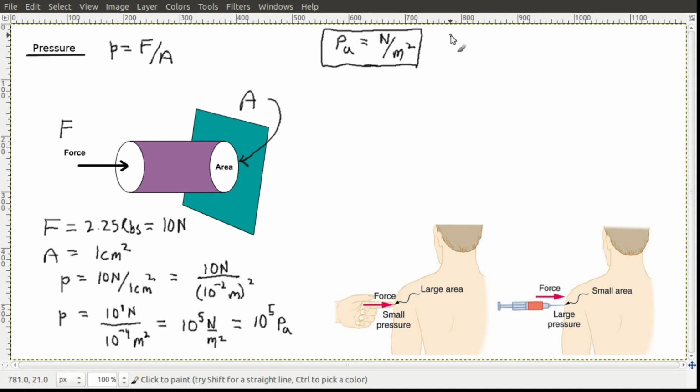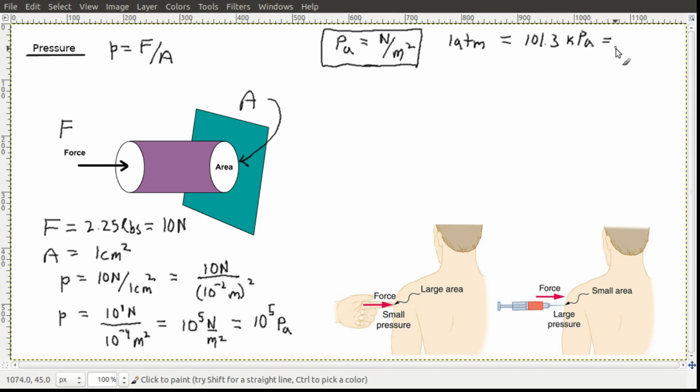So we can see then from our simulator that 1 atmosphere is equal to 101.3 kilopascals at 25 degrees. What's a kilo?